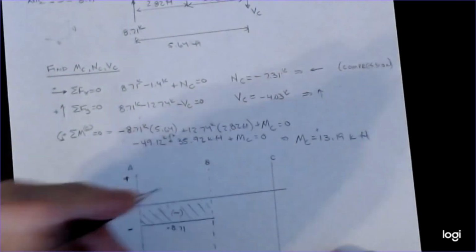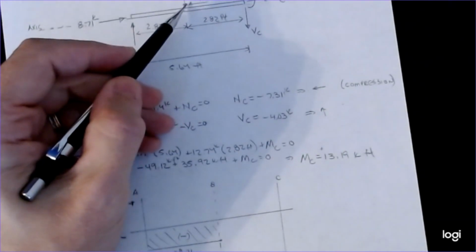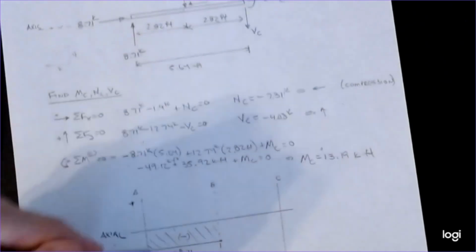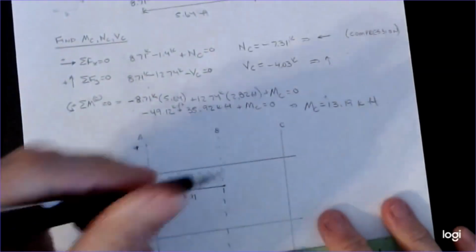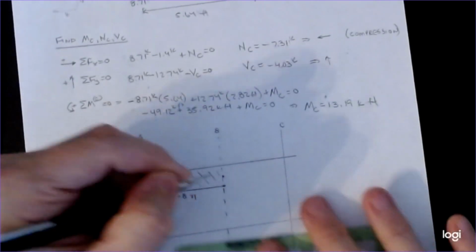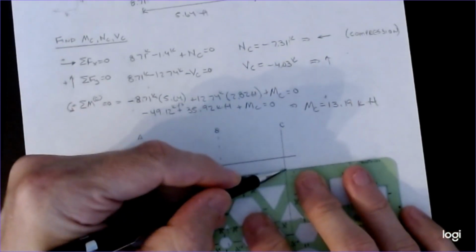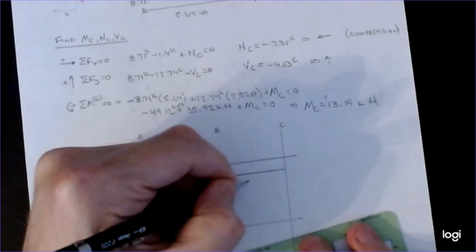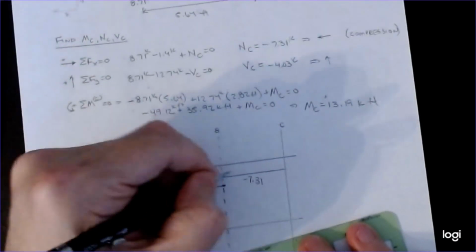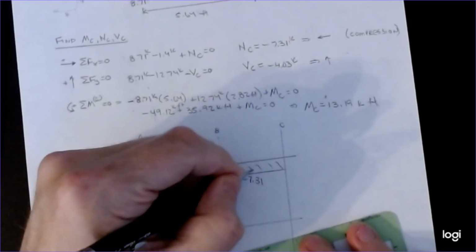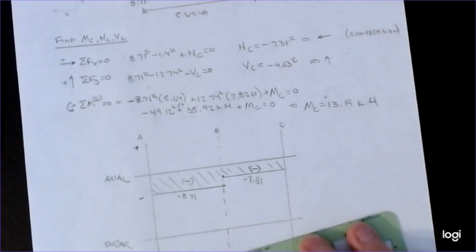Now once I get to this point, this guy is acting on that point, and he's going to reduce that amount. I'm going to reduce it by an amount of 1.4 kips here. So this guy now moves up here, and then it's constant all the way across at a value of minus 7.31. So that's the axial load diagram for that particular member.